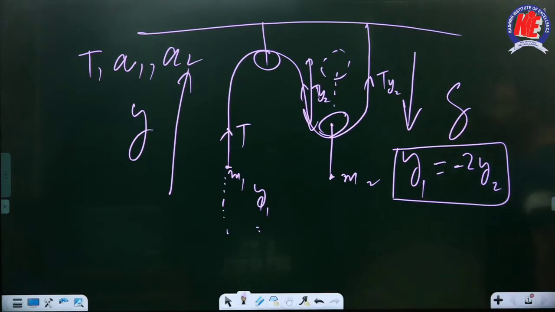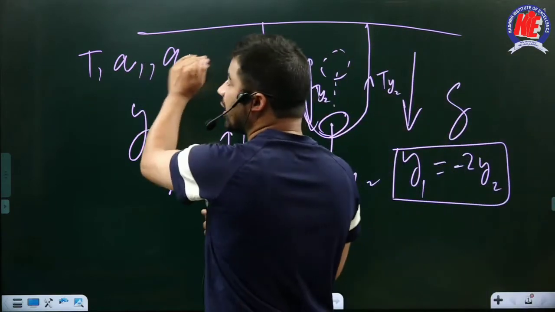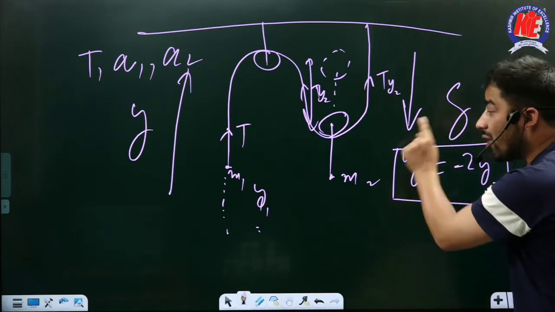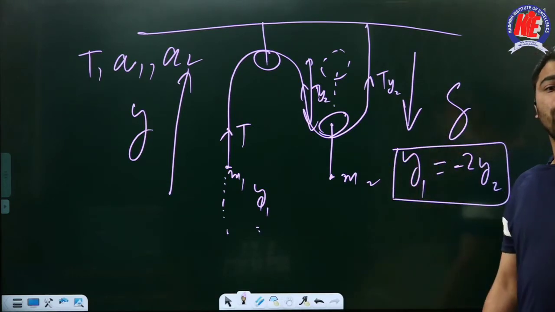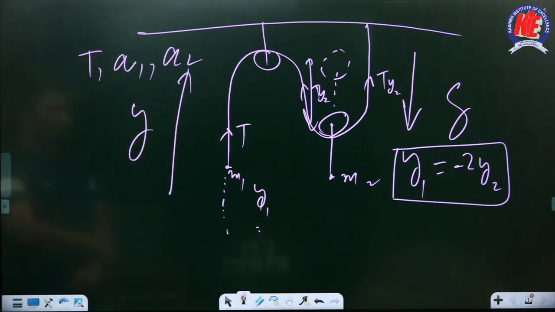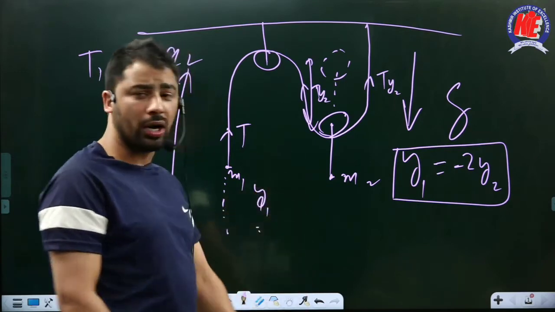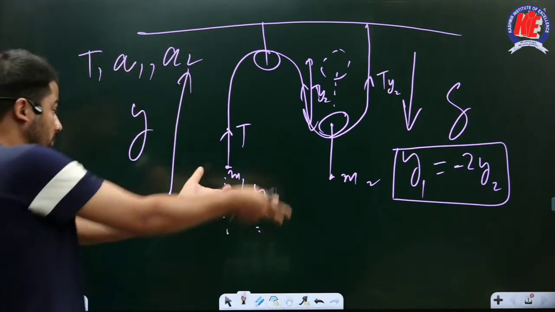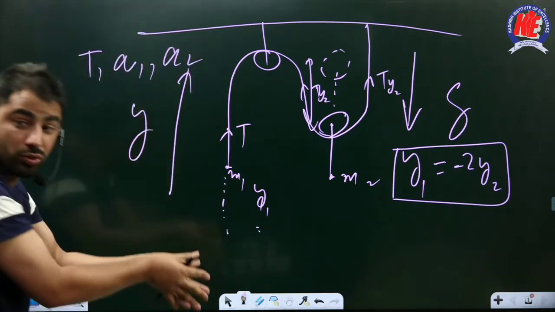Okay, now I have the 3 unknowns here. I need the corresponding 3 equations. For that I have one equation in hand, but I need 2 additional equations. Those equations I will get from the laws of motion. Okay, अगर मैं यहाँ पे laws of motion की बात करूंगा तो क्या आएगा यहाँ पे? See, if I just look at the problem this way around, this massive block moves downwards.